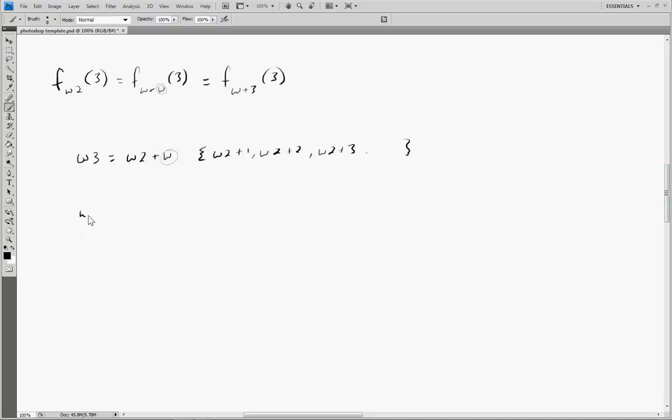We have omega times 4, omega times 5, and so on, and even omega times omega, which truncates to omega squared. And this would have the fundamental sequence, and let's just keep it as this to visualize it once again, as omega times 1, omega times 2, omega times 3, and so on.